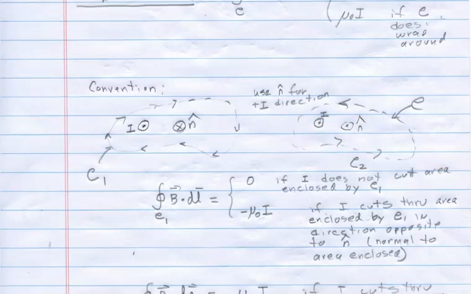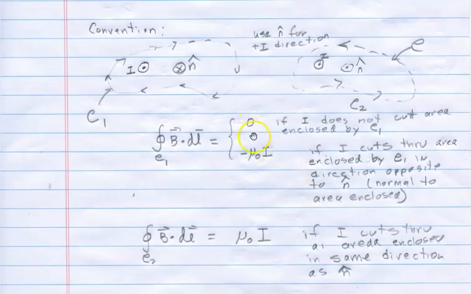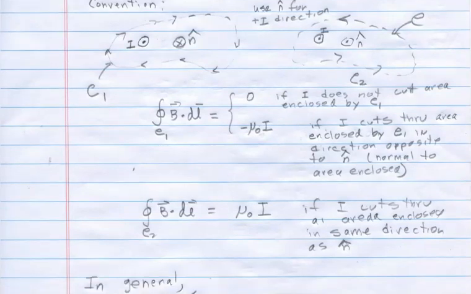So this integral is 0 if you don't enclose any I, and if you have this orientation going around it this direction, you would call that a minus I, so you get this. But if you were going around it in this clockwise fashion, same curve in both cases, you'd get a plus mu naught I, and that's really just the sign conventions that are used. But it changes the focus now to the area enclosed by the curve.